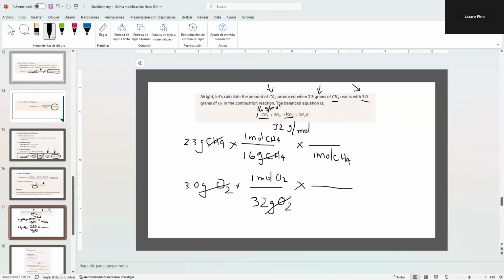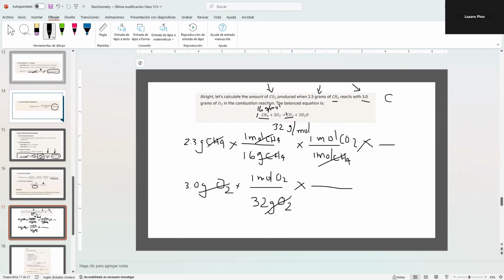Then you say 1 mole of methane produces 1 mole of carbon dioxide. Now you cancel mole of methane with mole of methane, and the answer until here is in moles of carbon dioxide. But you're not interested in moles of carbon dioxide. You are interested in grams of carbon dioxide.